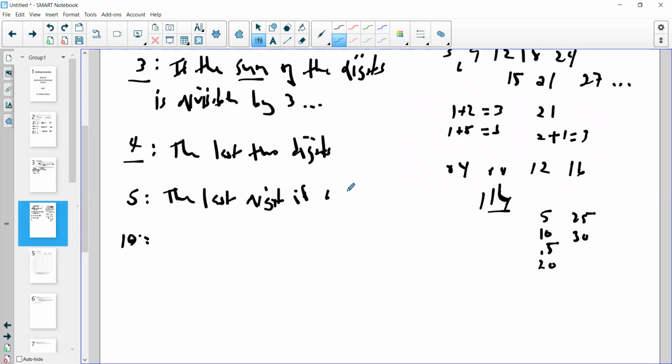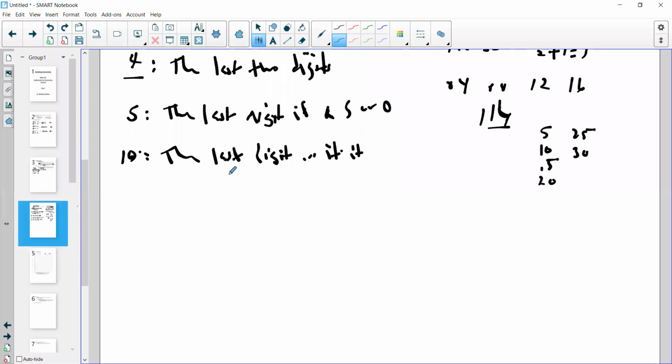If it's a 5 or a 0, then we know that it would be divisible by 5. And we can look at the same with the last digit for 10. If it ends in 0, then we know that it's divisible by 10.